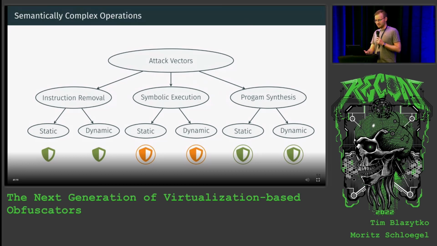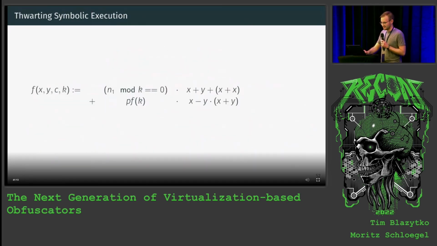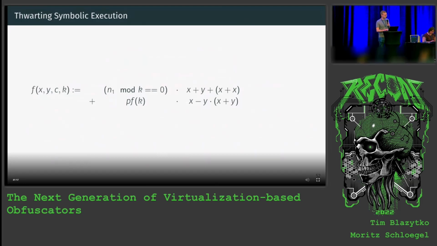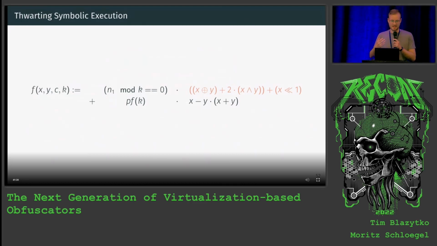Still, symbolic execution, we haven't tackled that explicitly, so we do that now. And what we do is we pick our instruction semantics and we replace it by an equal but significantly more complex, syntactically more complex expression. We can do that with the other one.